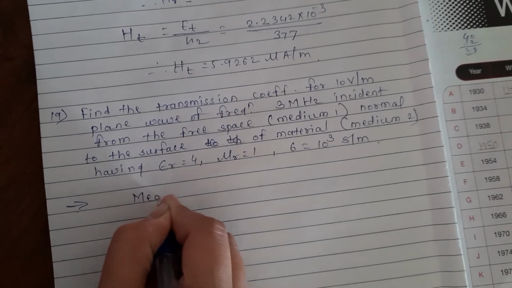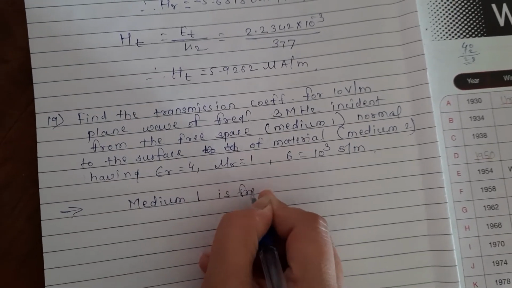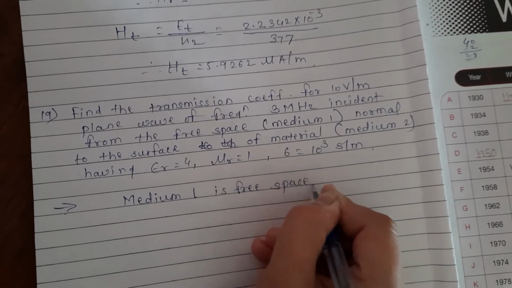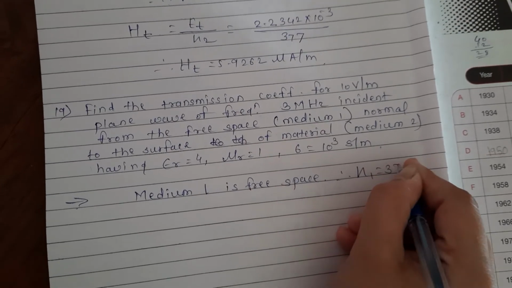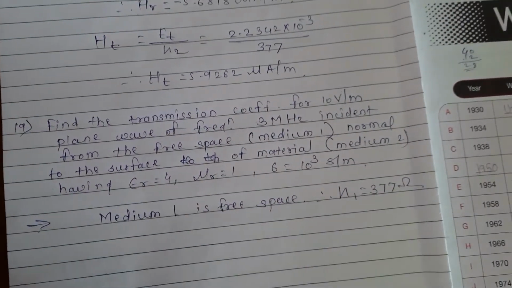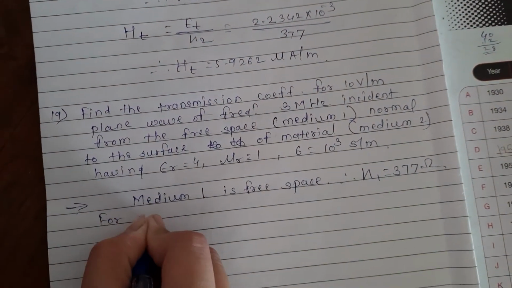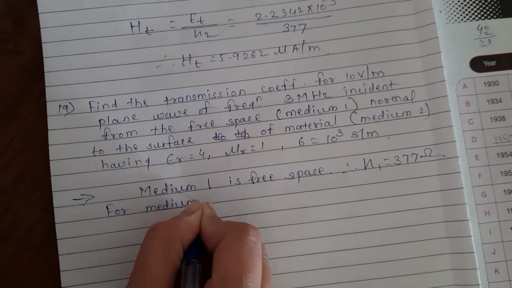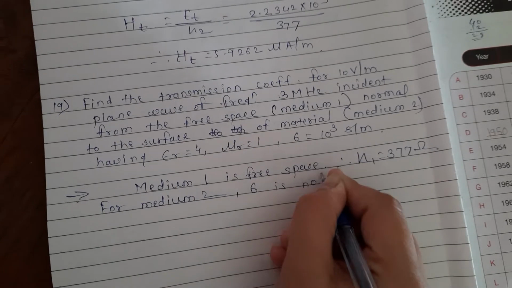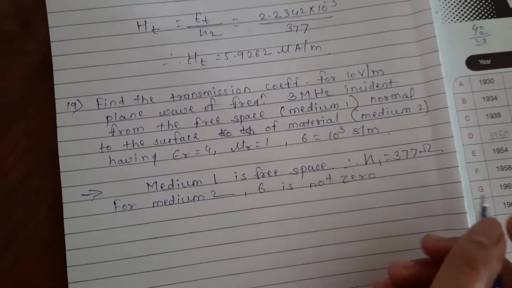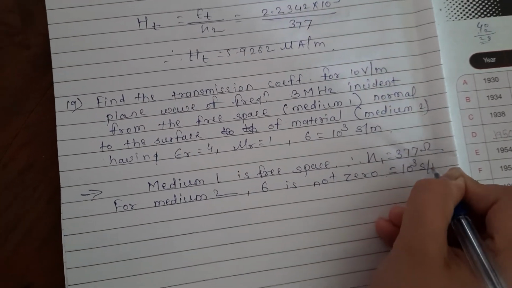So here eta 1 is 377. For medium 2, sigma is not 0 and it is 10 raised to 3 as given.